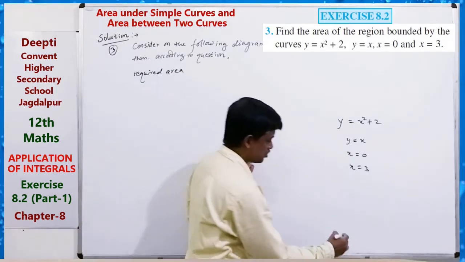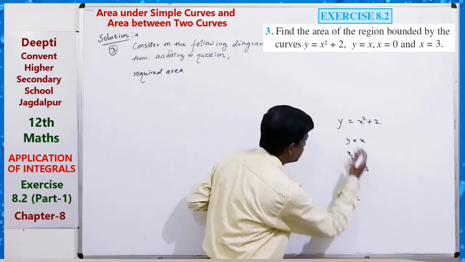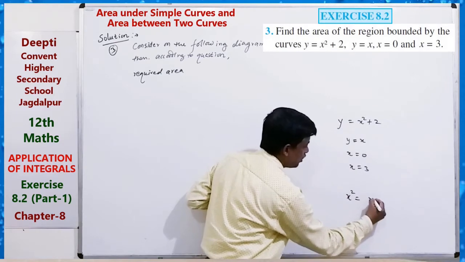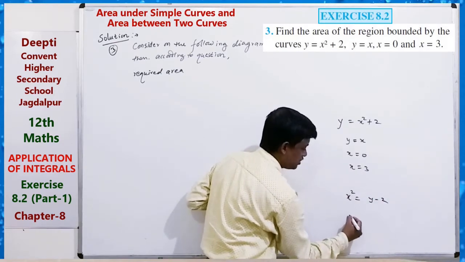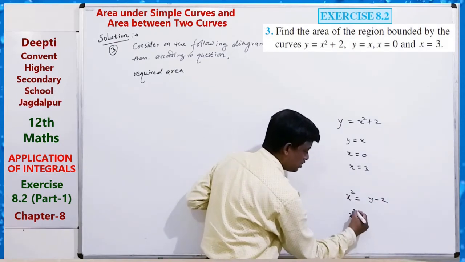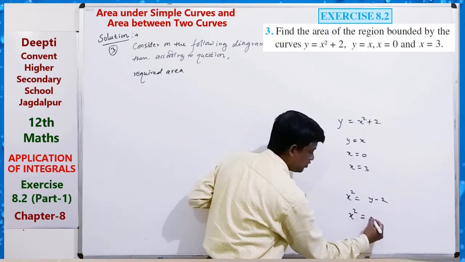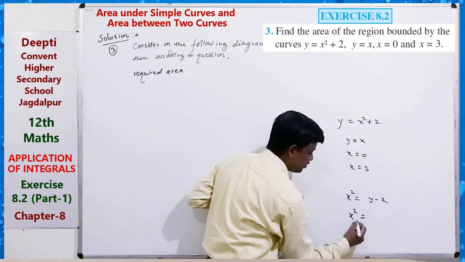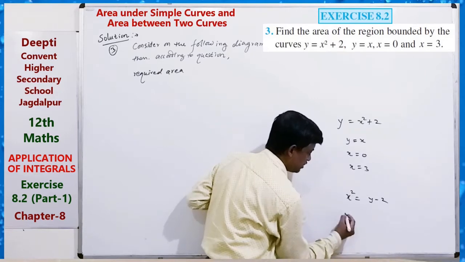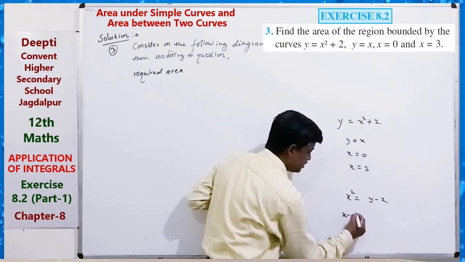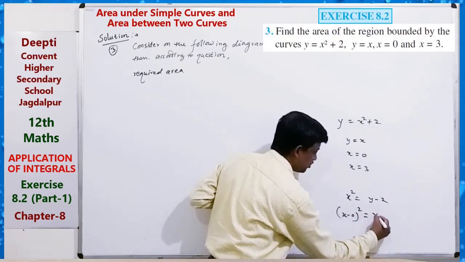Parabola means x square equals y minus 2. You can write it like this: x minus 0 square equals y minus 2.